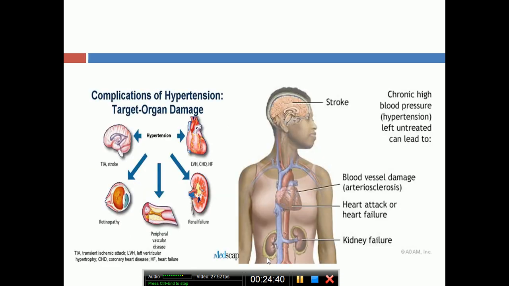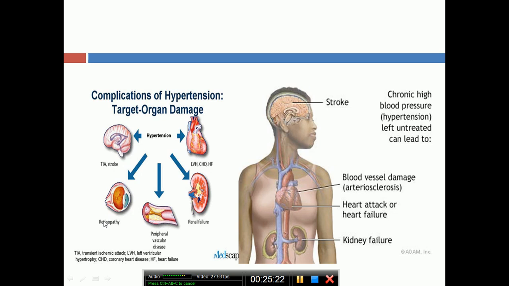Complications of hypertension include many. These include stroke, a transient ischemic attack or stroke. If hypertension is left uncontrolled, untreated, this may result in left ventricular hypertrophy, congestive heart failure, or coronary heart disease, because continuously pressure is being applied on these surfaces and can ultimately damage them.